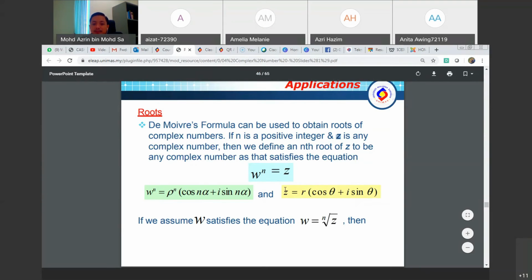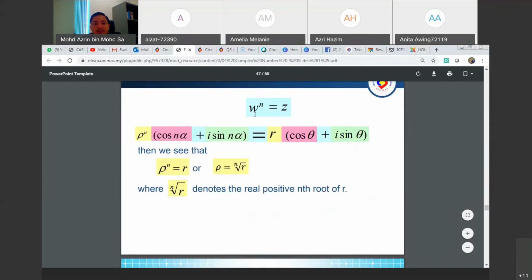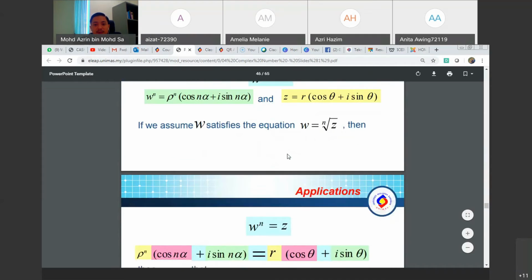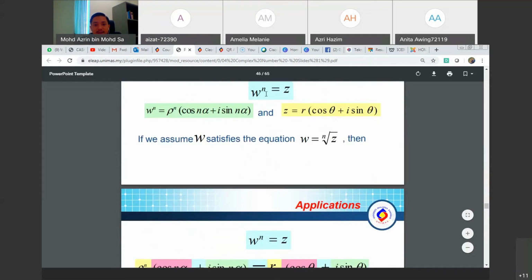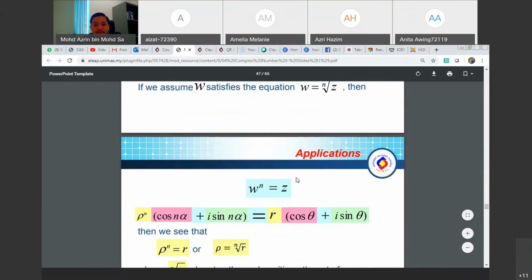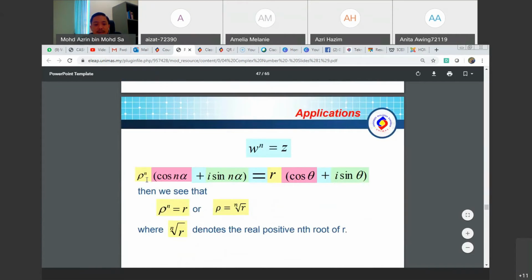So we assume w satisfied the equation of w equal to n-th root of z. Then w power of n is equal to z. Alright, w power of n here is equal to z, so rho n.